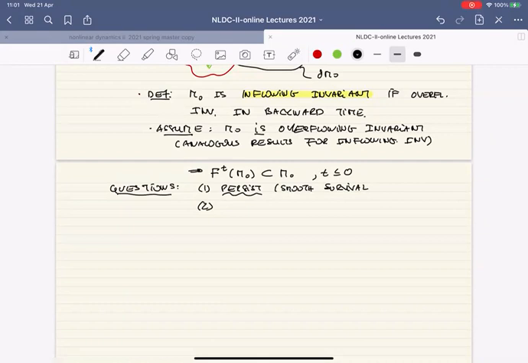The other thing is stability. That's also very important because it represents the impact on other trajectories. And that's the reason why we look at invariant manifolds to begin with.